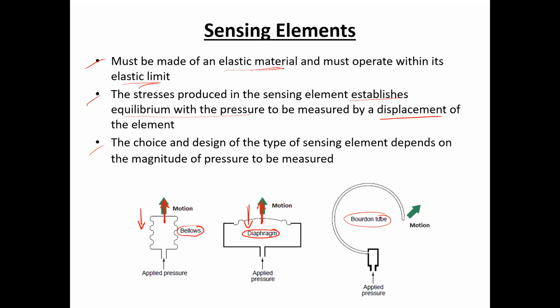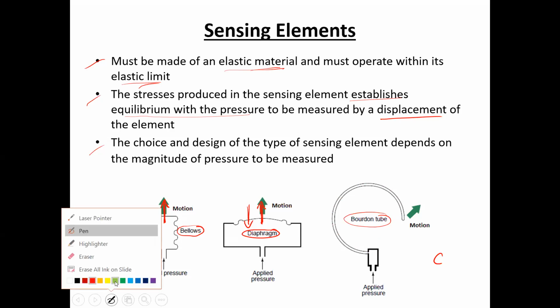The third type of mechanical sensing element shown over here is a C-shaped Bourdon tube. You can see that there is a curved elastic tube, and suppose some gas or liquid, some fluid, enters into this tube. It will cause force per unit area on the inner surface of the tube.